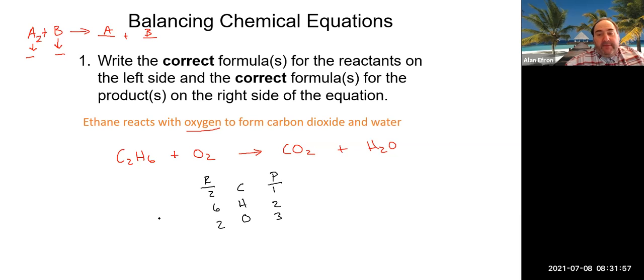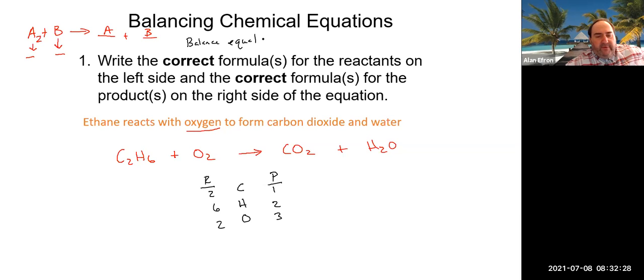So there's a lot of methods, but sometimes it's just easier to hit the one that is easiest to balance. Some people will say to start with the more complicated ones. But when we do balance equations, there really are 2 important things before we get too far into this. When we are all done balancing an equation, basically 2 things need to happen.